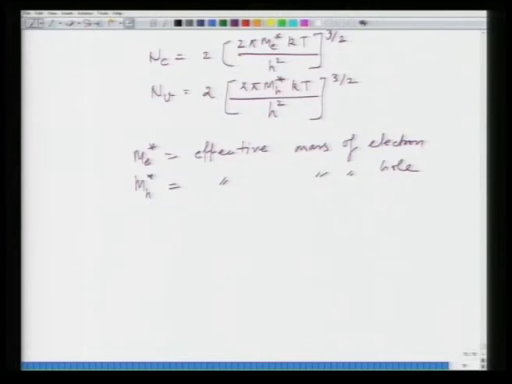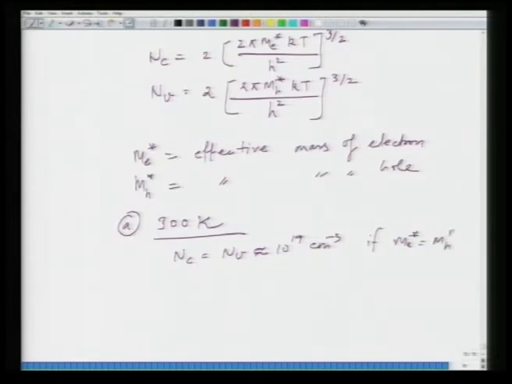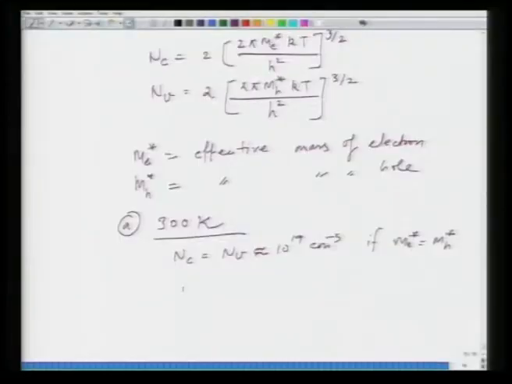So at about 300 K, which is roughly room temperature, NC is equal to NV is roughly 10 to the power 19 per centimeter cube, if ME star was equal to MH star. Which means the effective mass of electron is equal to the effective mass of hole. Now, that is not necessarily a true condition, but just for the sake of doing it, we know that Ne is equal to NH.